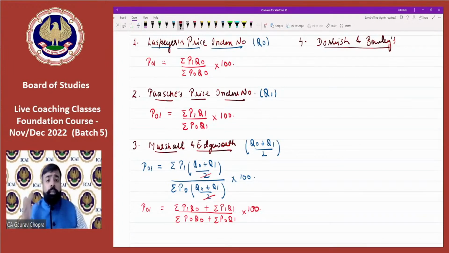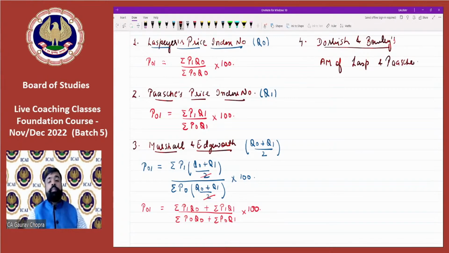They thought base year quantity was taken by Laspeyres, current year by Paasche, average was taken by Marshall and Edgeworth. Now Dorbish and Bowley ने क्या सोचा कि हम पूरे Laspeyres and Paasche के फॉर्मूले का ही एवरेज ले लेते हैं.